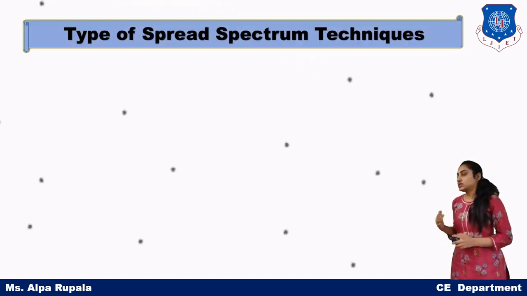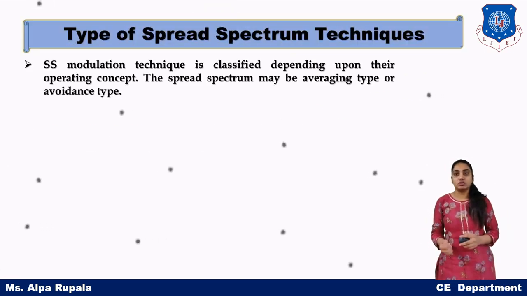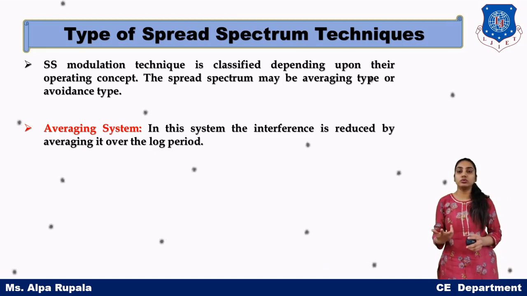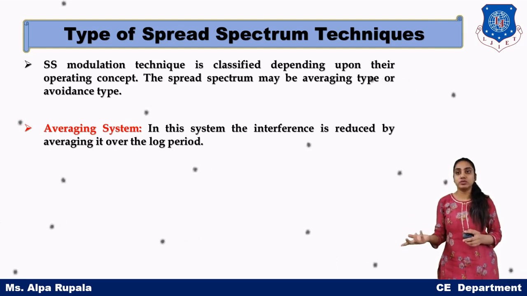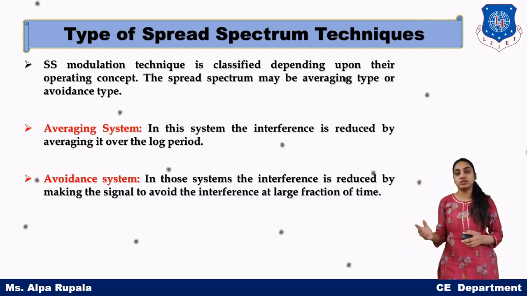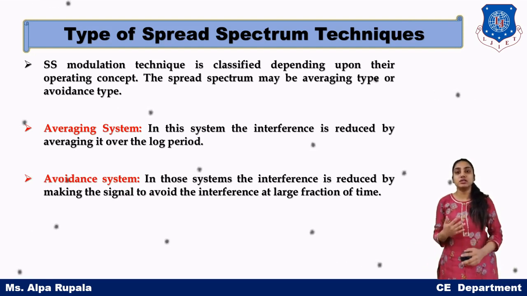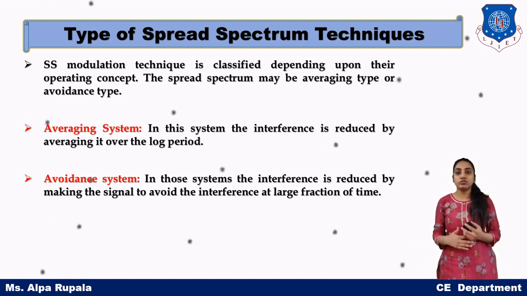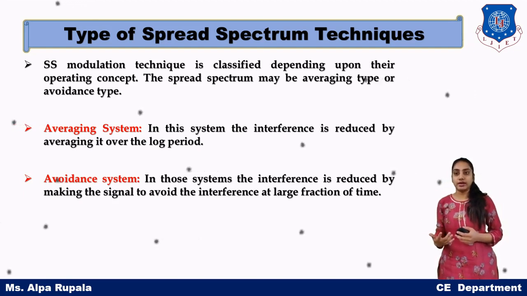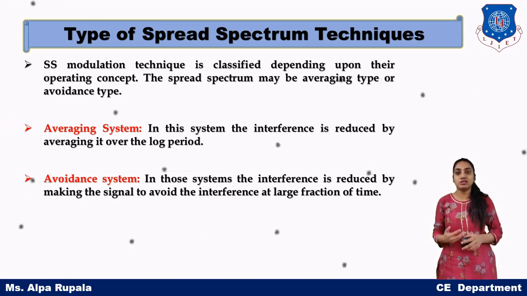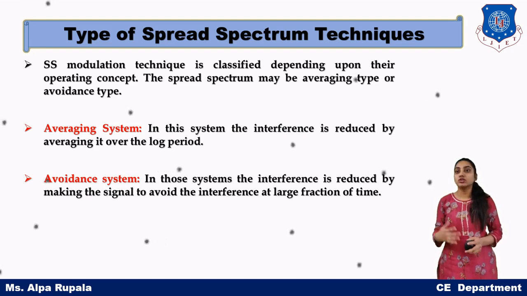Now the next one is types of spreading technique. Basically we can have two types of spreading technique. We can divide them on two bases: the first is the averaging system type, the second is the avoidance system type. In the averaging system type we are averaging the interference over a long period. But in the avoidance system type we are just avoiding the interference in the signal.